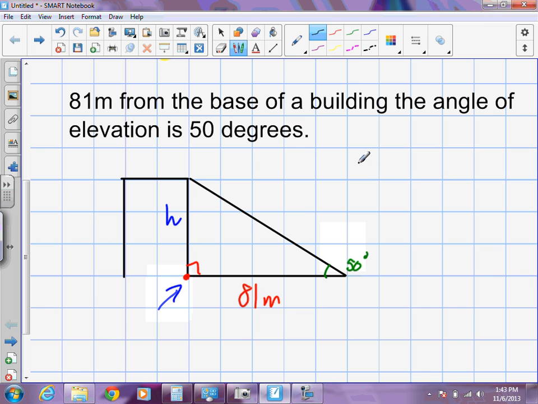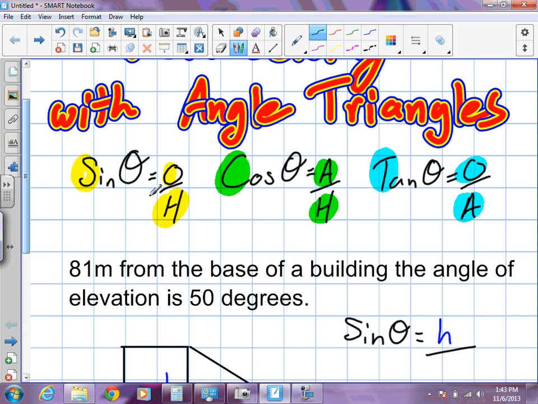So sine theta, theta in this case is our 50 degrees. So sine theta is equal to opposite. Which side would be opposite? It is h. Over what? Let's go up and see what they stand for. What's SOH stand for?